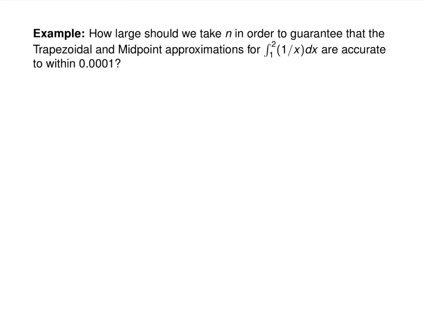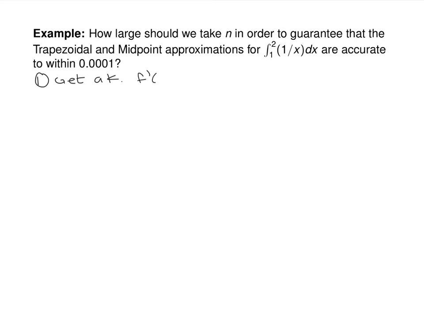So here's the question. How large can we take n to be, so how many pieces should we slice our interval into, in order to guarantee that the trapezoidal and midpoint approximations for this function are accurate to within 0.0001? So the first thing you have to do is get a k. And the way you get a k is you find the second derivative.